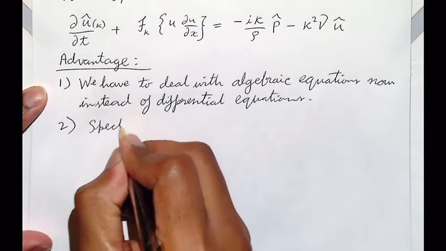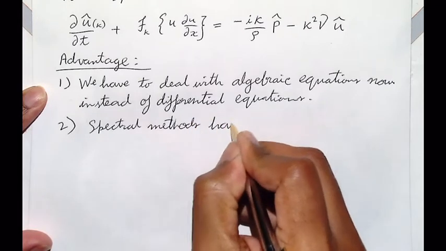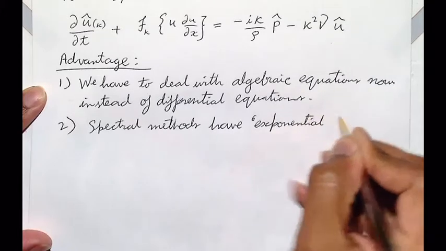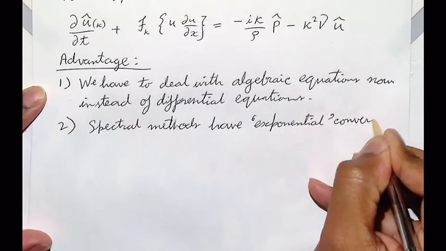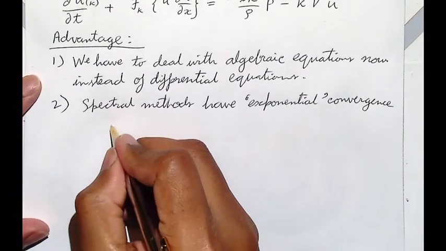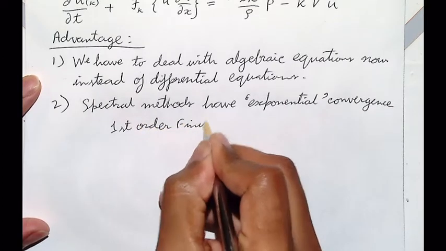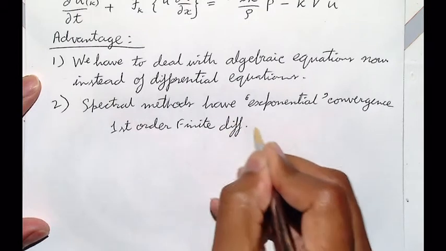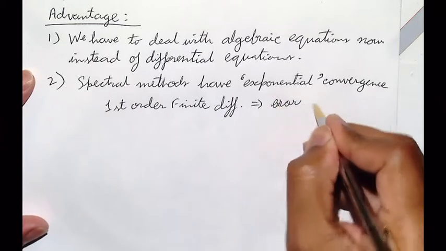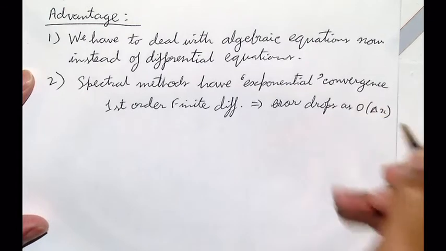Spectral methods have exponential convergence. What does this mean? It means that if we have a first order finite difference, the error drops as order delta x.